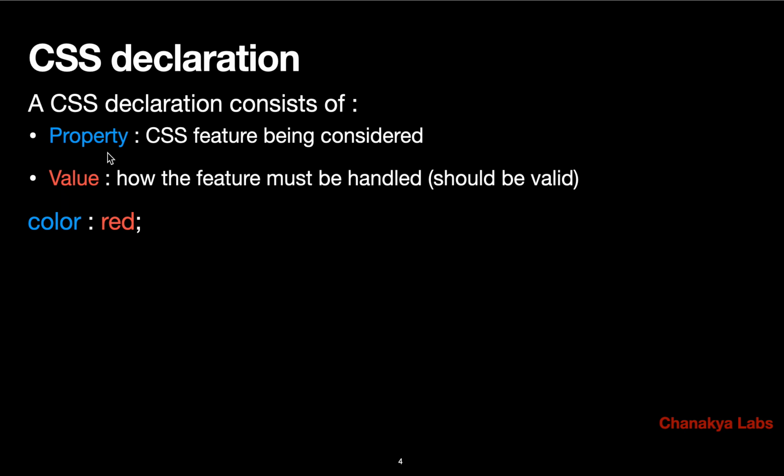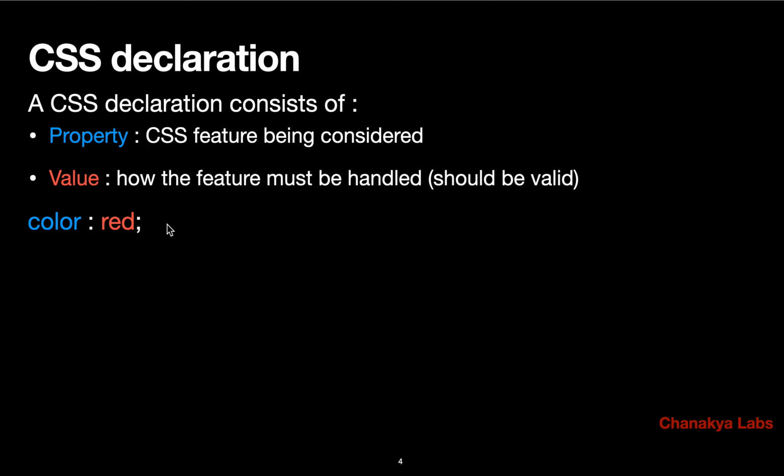You understood? So what is a property? Property is the CSS feature. What is the CSS feature I am using? Whether it is color, border, or background, that is the property, and then what is its value. This value must be valid, because if I simply put color colon 5, it does not make any sense.